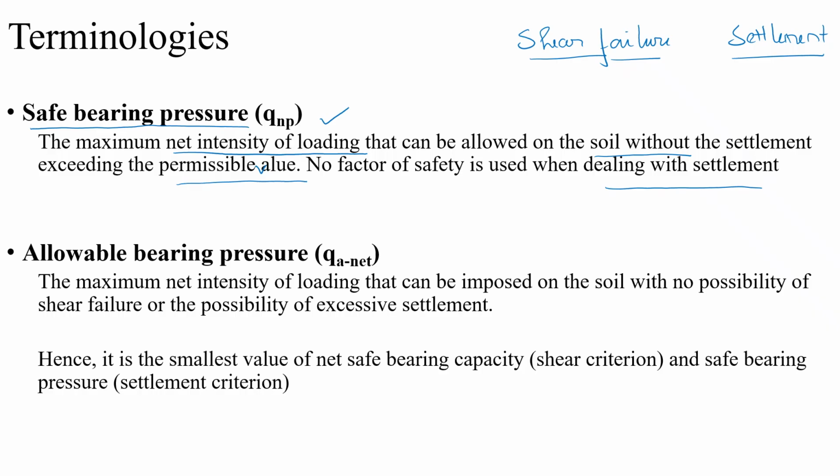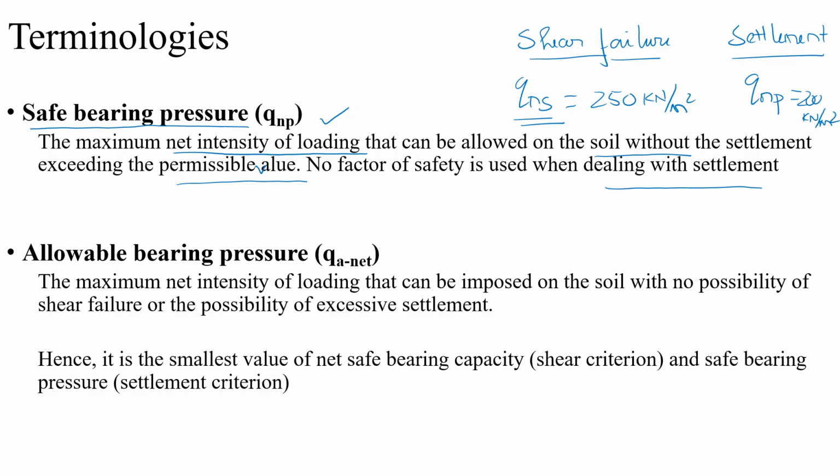consider for my design? Well, from shear failure criteria, you might have calculated your net safe bearing capacity as, for example, some 250 kilonewton per meter square. Whereas from settlement criteria, the net safe bearing pressure is going to be 200 kilonewton per meter square.